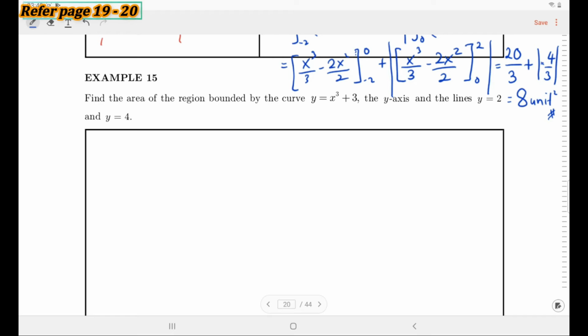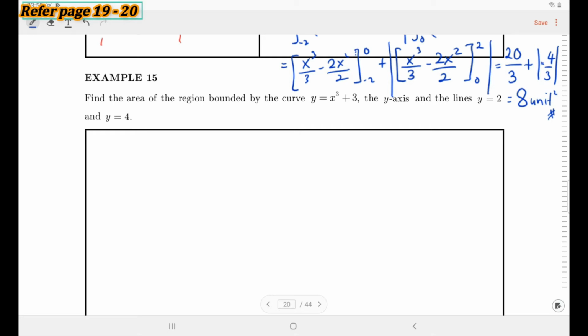To find the area of this region, you must first try to sketch the graph. If you don't, you couldn't see where your beginning limit and ending limit are to find your area. Now we try to sketch the graph.